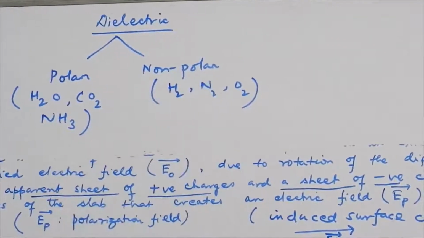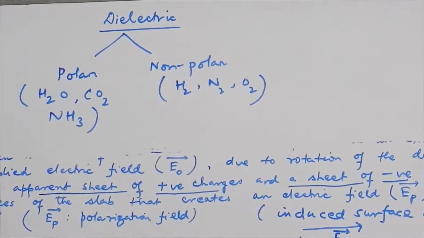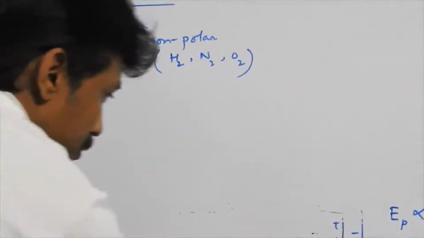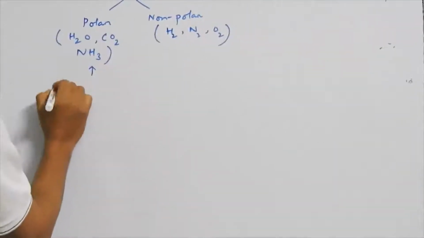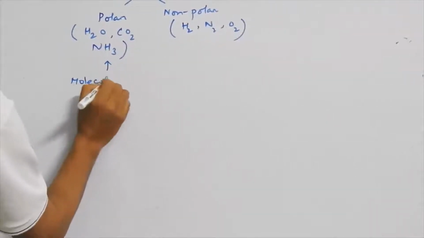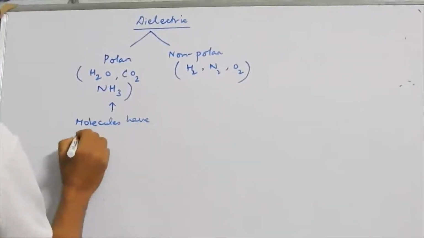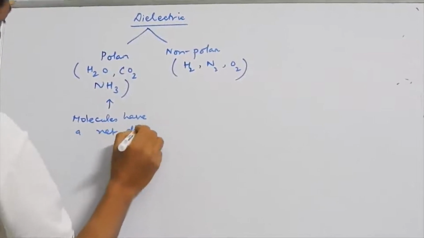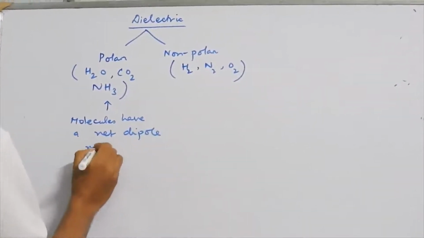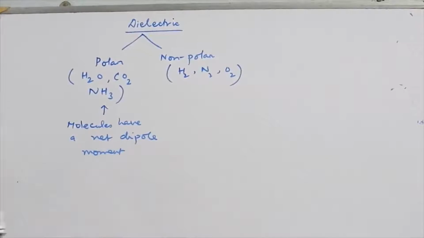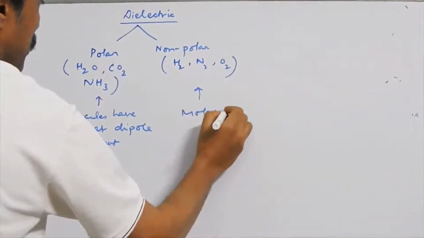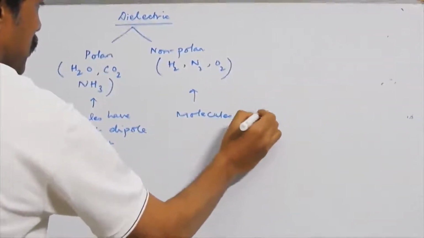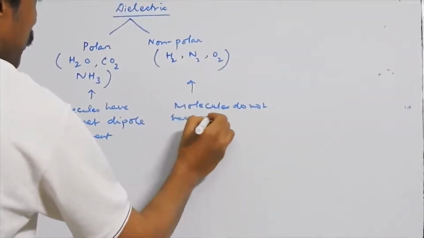So polar dielectrics have a net dipole moment. The molecules have a net dipole moment, whereas in the case of non-polar dielectrics, the molecules do not have a net dipole moment.